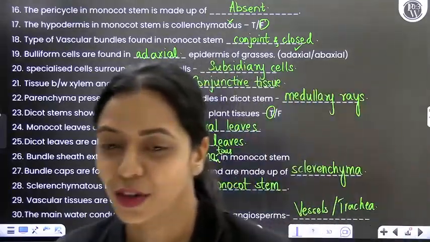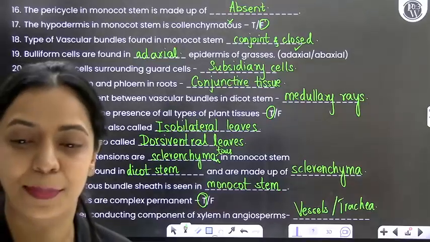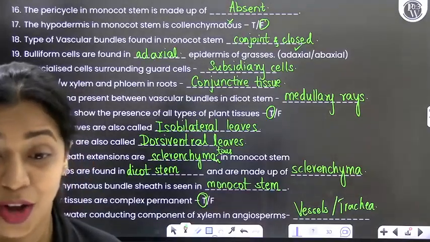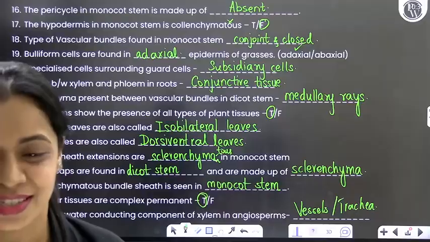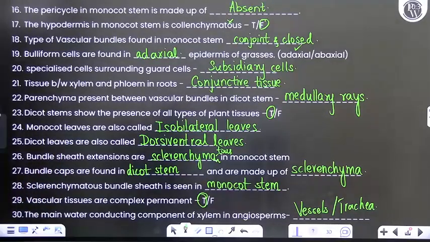How many of you answered all 30 questions correctly? Do you feel confident in this chapter now? Oh, Akshara has answered everything correctly. Congratulations, I'm very happy. Kirtana didn't know 26 and 27. Okay. Shreya has answered everything correctly.